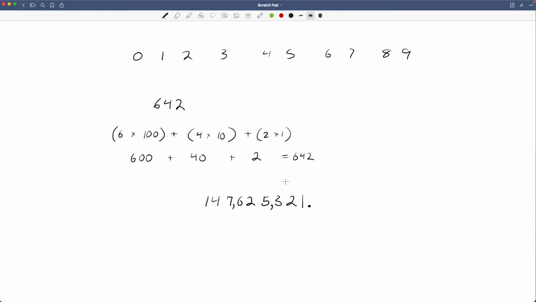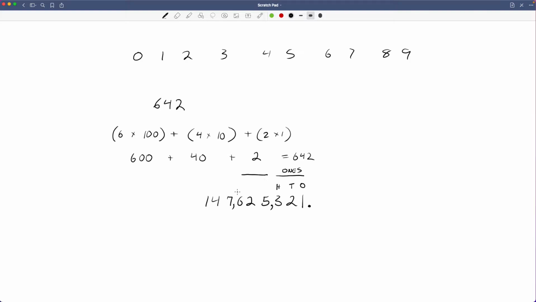So we recognize this as being our hundreds place, right? Or our ones group. This is where everything begins. So this would be our ones, this would be our tens, and this would be our hundreds. And we consider this our ones grouping right here.